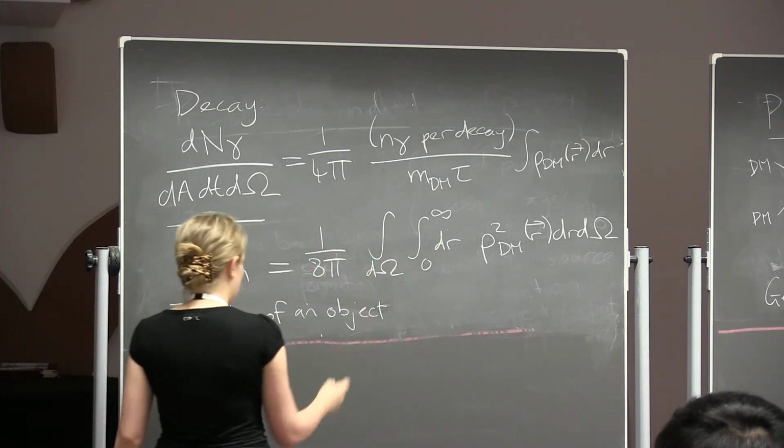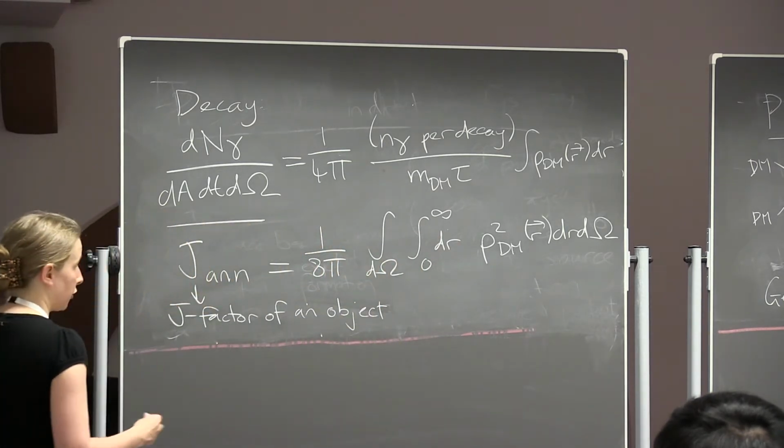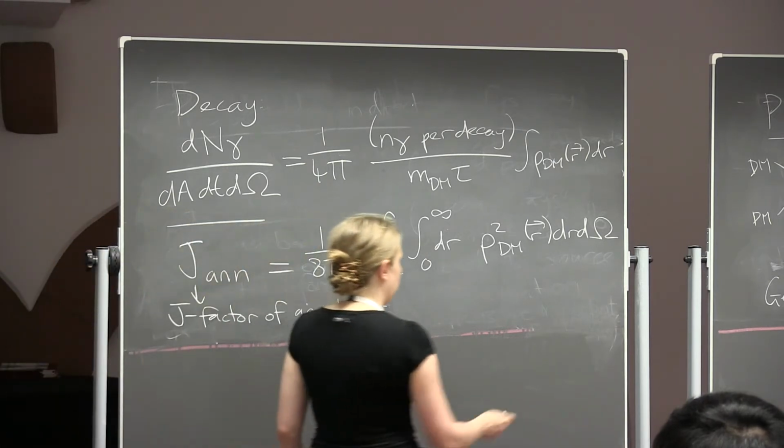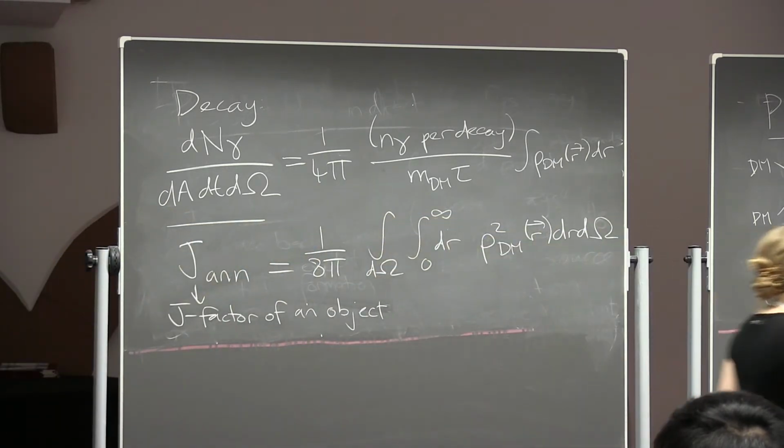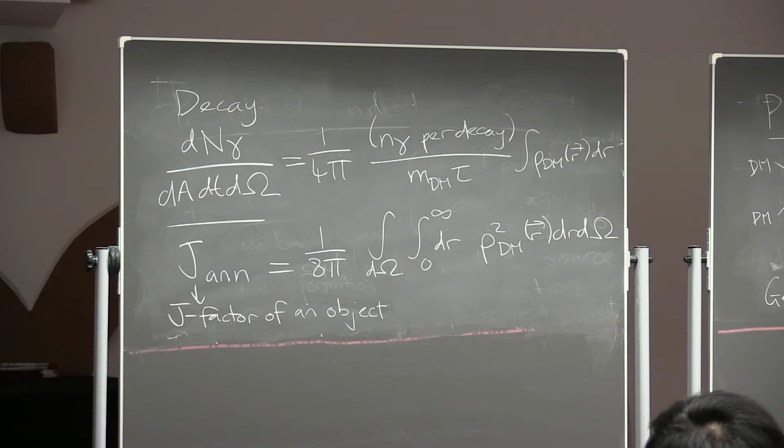This is for an object such as a cluster or a dwarf galaxy. We perform this integral, then we can feed it back into this calculation.